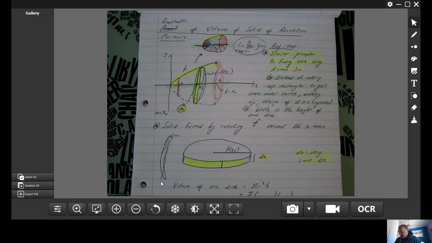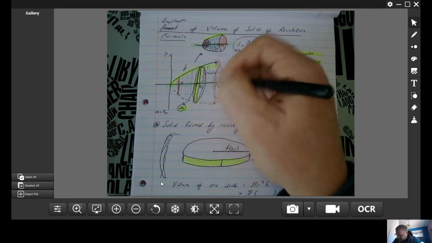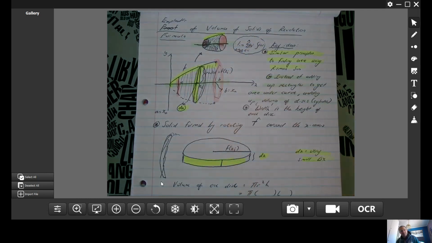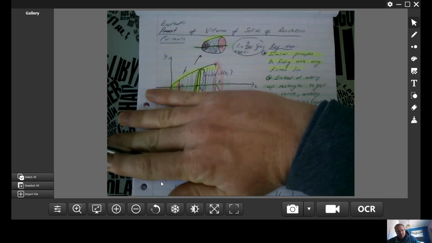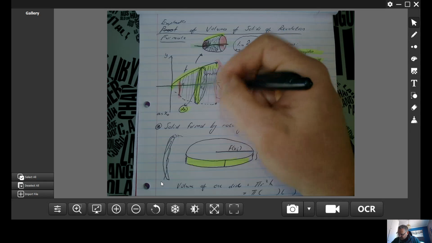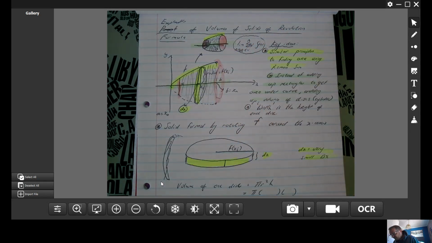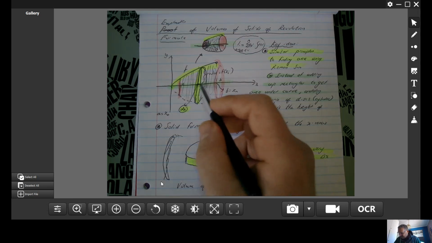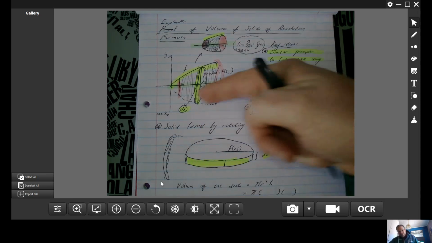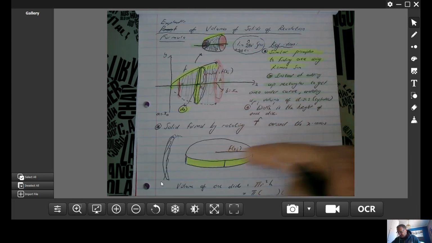If you're imagining you're dividing this whole shape up, instead of adding up areas of rectangles, which we did with a Riemann sum just looking above the x-axis, now we're making an infinite number of volumes of disks. We see the disks by looking down on it over here. There's a disk, you can really see each disk.